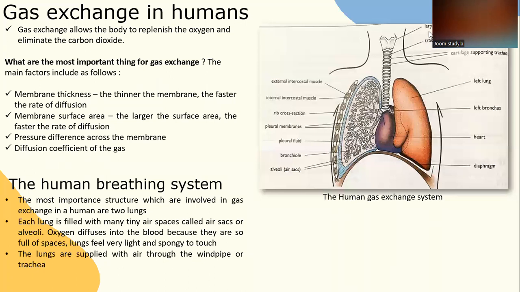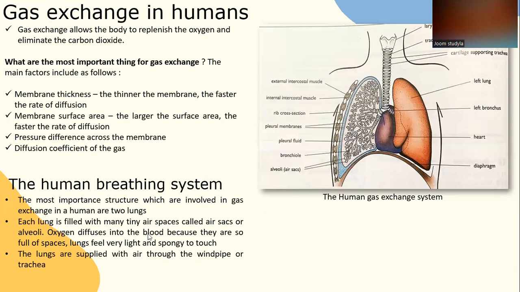Then there are the trachea and larynx. The most important structures involved in gas exchange in humans are the two lungs. We have left and right, and each lung is filled with many tiny air spaces called alveoli.